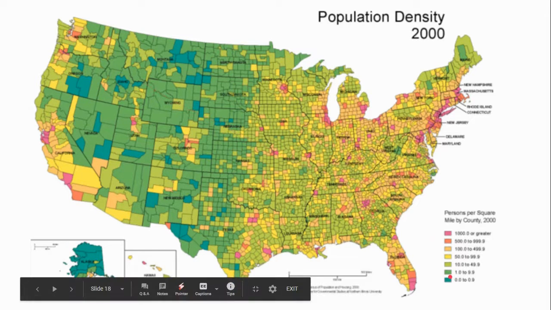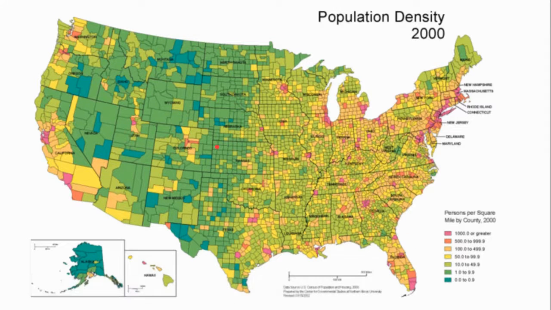Even the lighter greens here, you're still talking between 1 and 9.9 people per square mile. Of course, some of this is desert and some of it's mountains, but it still makes America quite a special place.